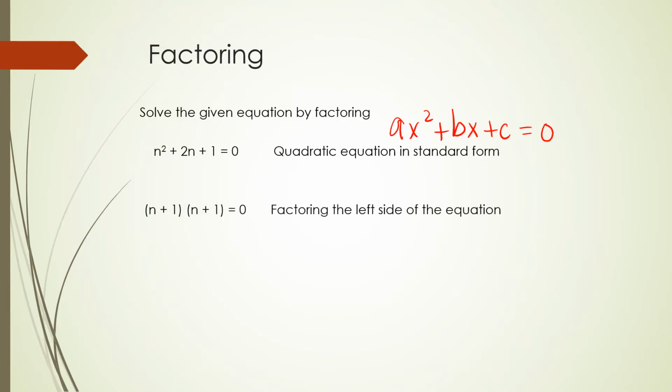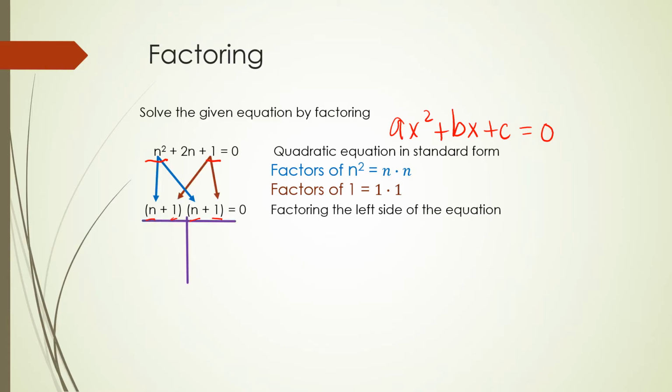Now, saan kayo magbe-base ng pagpa-factor? Sa first term at saka sa last term. Okay? So, the factors of n squared is n times n. So, ito yun. So, you have n and then n. And then, the factors of 1 is 1 times 1. So, you have 1 and then 1. Now, yung pagpa-factor nyo, doon naka-base yung middle term. Okay?